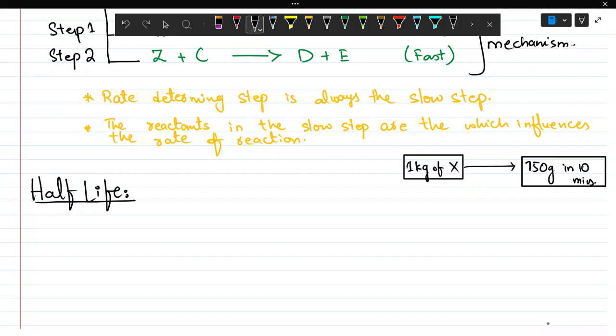Let me give you an idea, regarding nail polish remover, the thinner. When you open the bottle and leave it open, after a while what will happen? It'll vanish. Am I right?